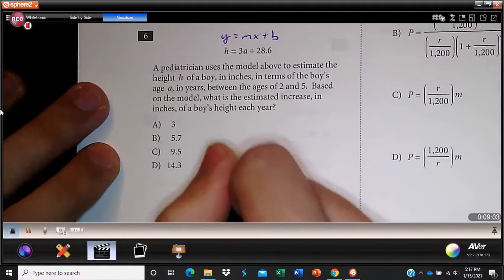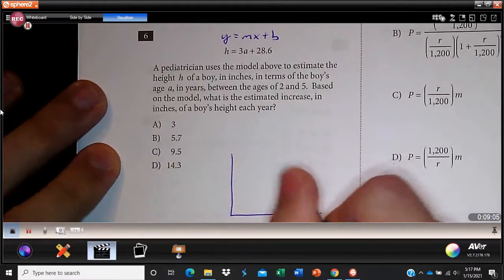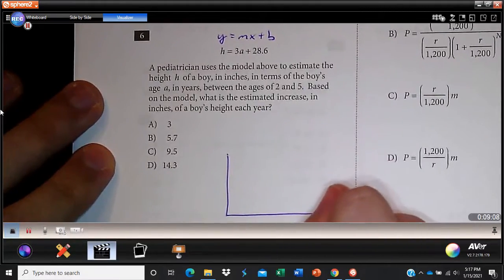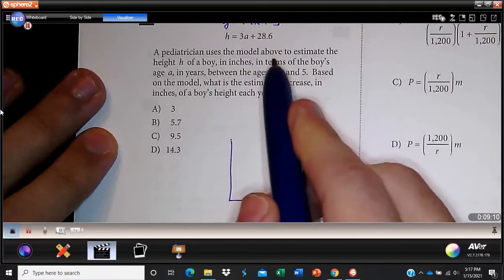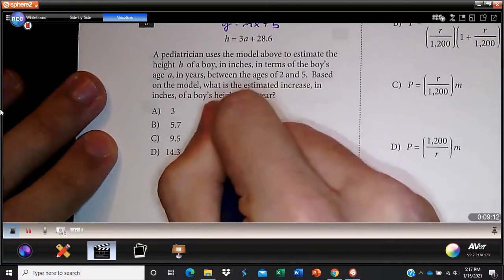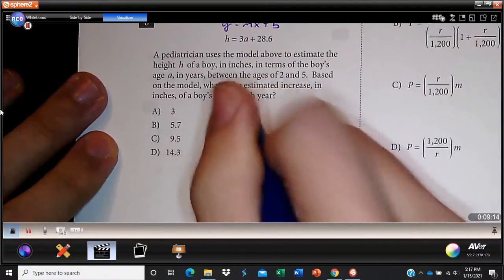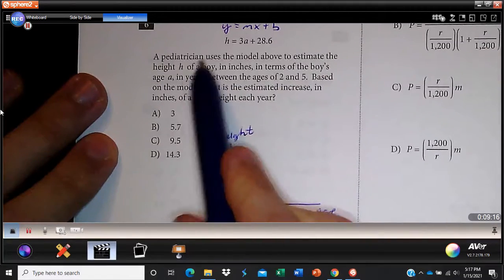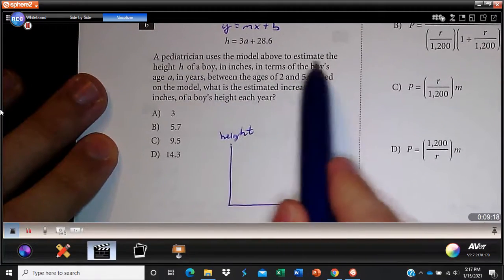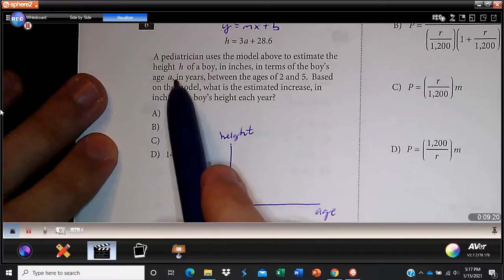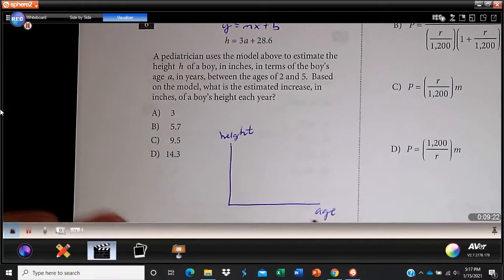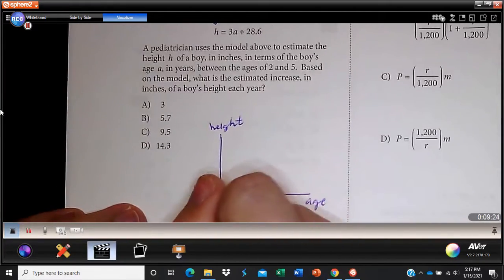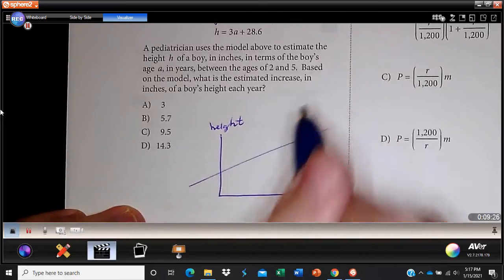Okay, so they're asking, if I were to imagine this, so age, or A stands for age, and then height for age. And then I might as well read this now. So this is the height of a boy for a given age. Yeah, so that's where I got those from. But this is going to be some kind of linear equation.